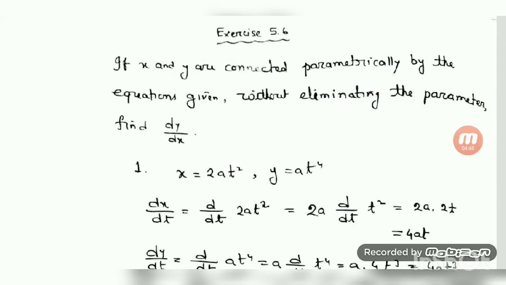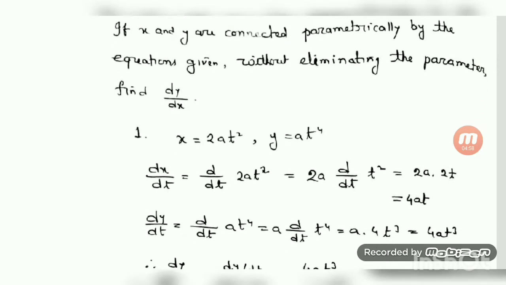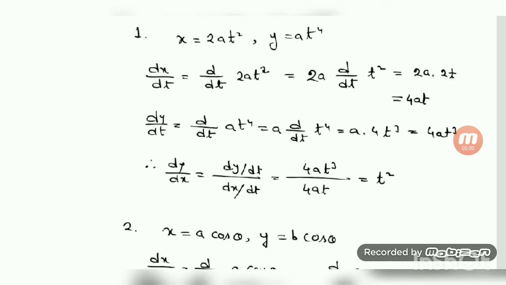That means you don't have to connect x and y directly. Directly take the derivative of x and y with respect to the parameter and then find dy/dx. Here x is 2at square and y is equal to at to the power 4.